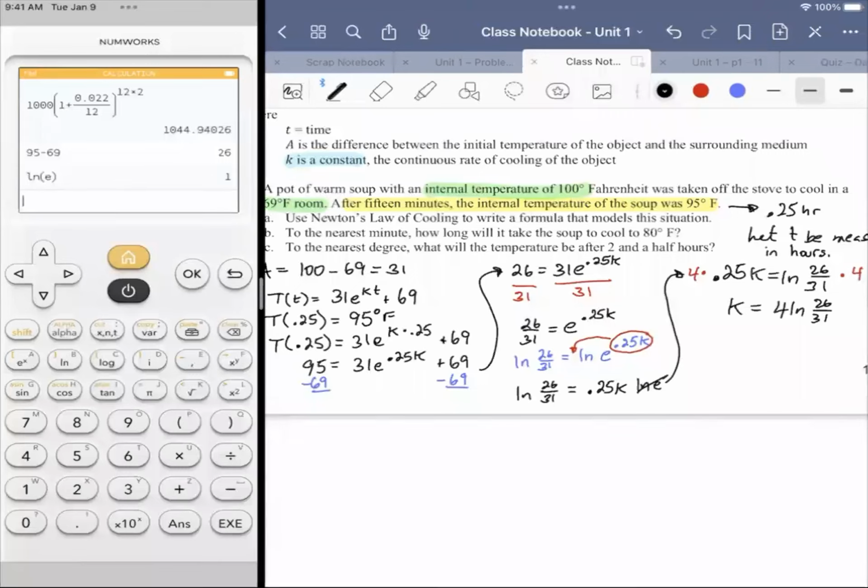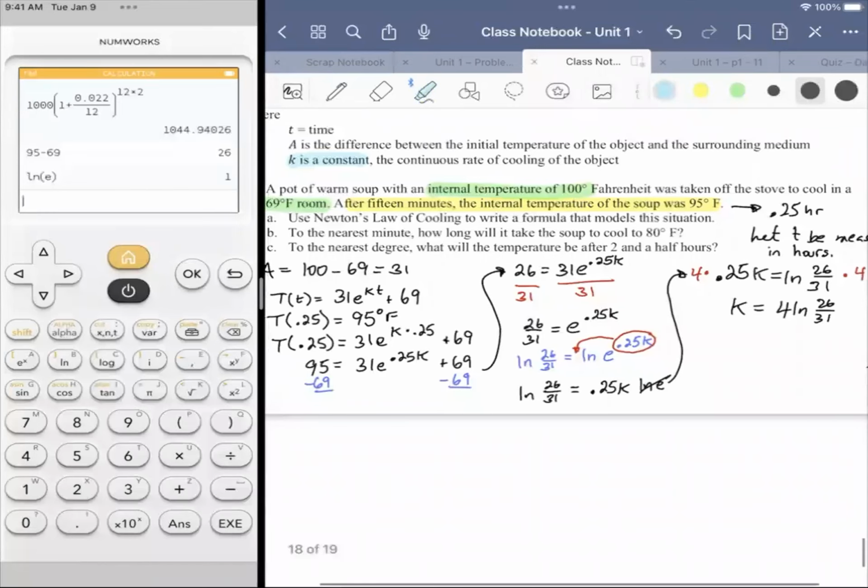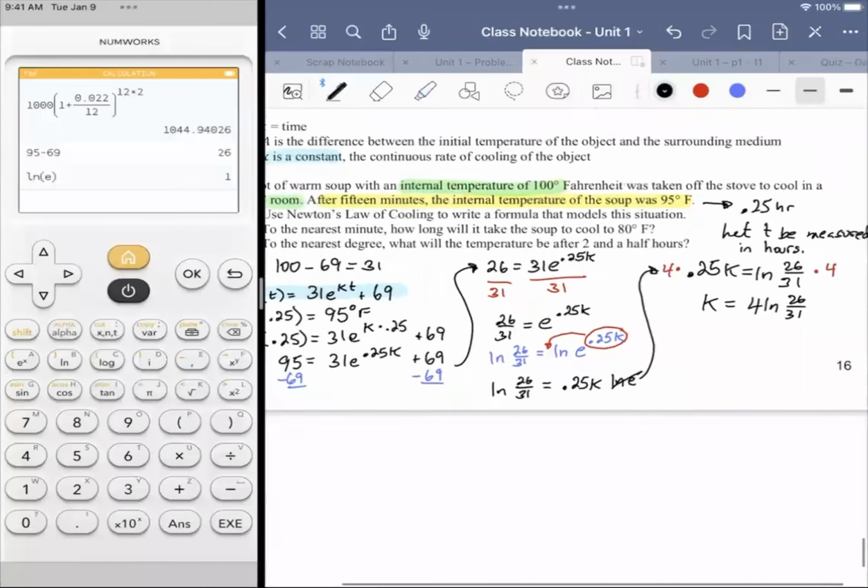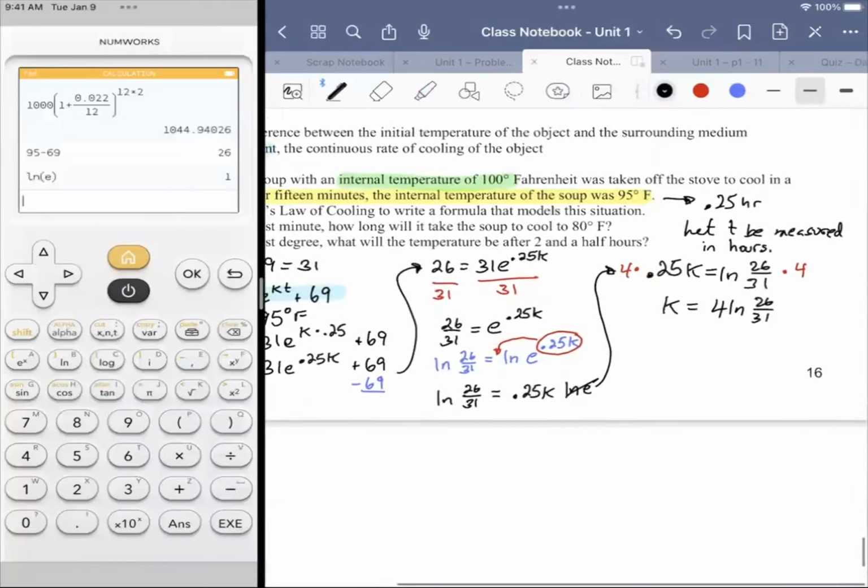All right. Now, it seems like a year ago when we first started this problem, but I can now put this k value into the function and get an equation that's going to help us solve the rest of the problem.